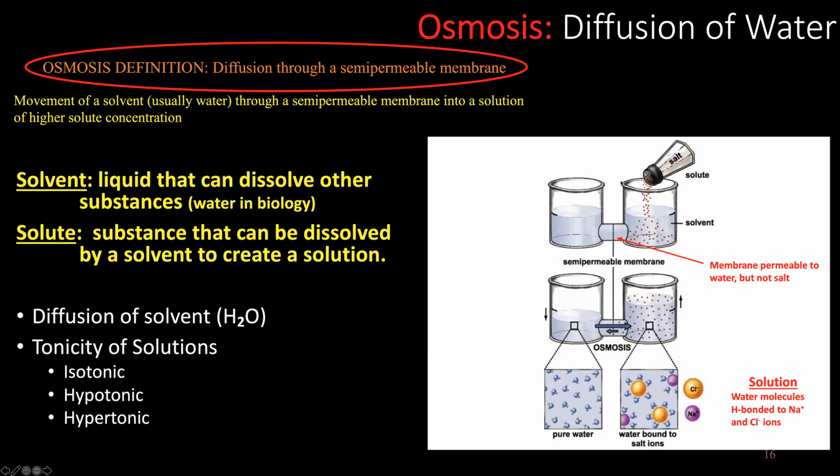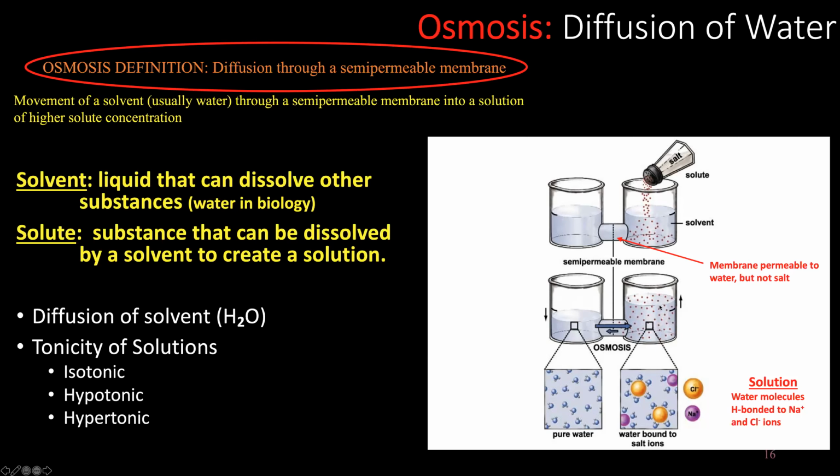So you can see the demonstration of osmosis in these figures on the right. If you have two beakers connected by a tube, and the tube has a semipermeable membrane in it, and this membrane is permeable to water, so water can go through it, but salt can't. So the salt dissolves. Salt is the solute, water is the solvent.